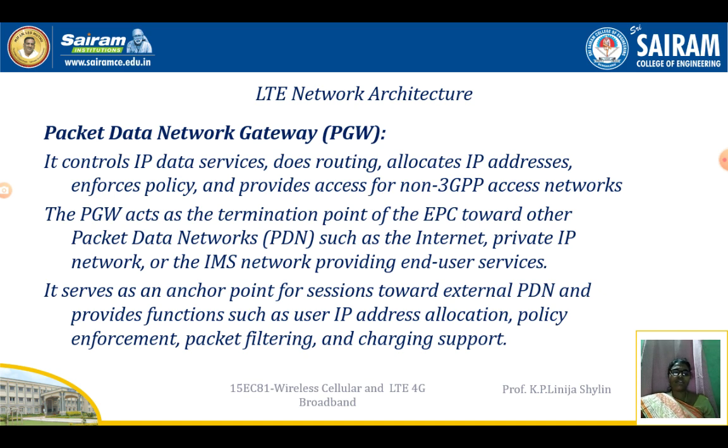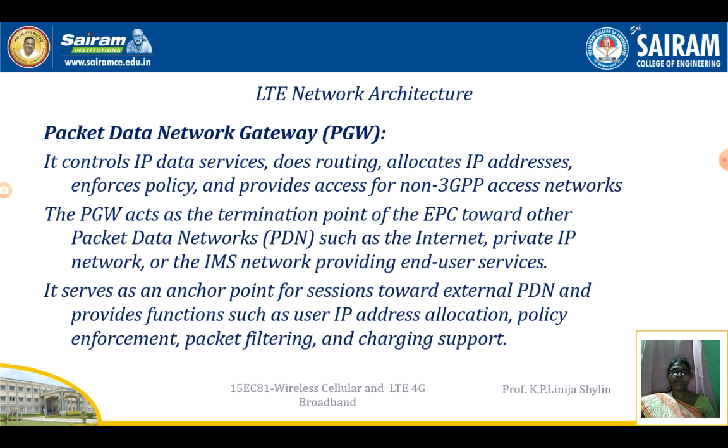Mobility management will be taken care of by this serving gateway. Some of the functions of the serving gateway are packet routing, forwarding, transport level packet marking, and inter-operator charging.